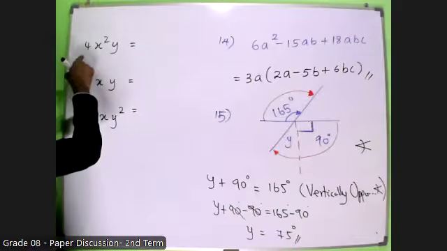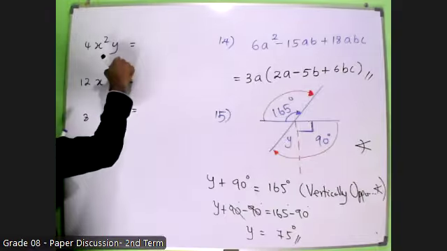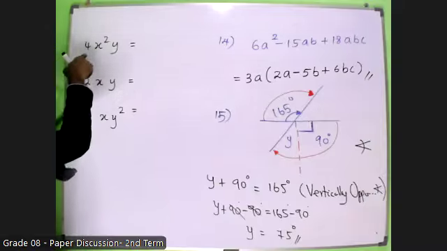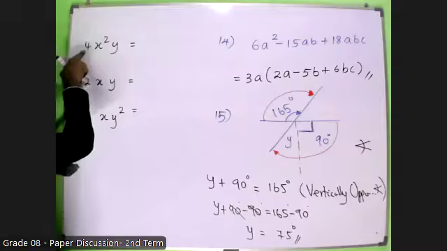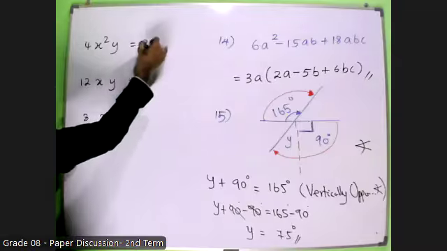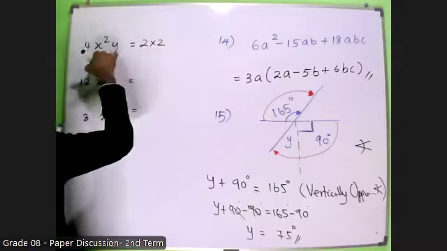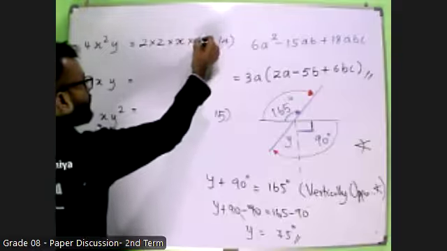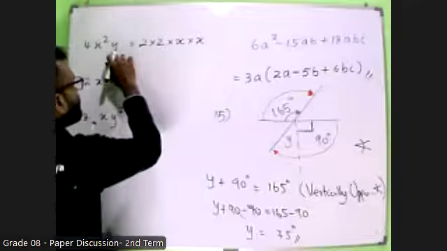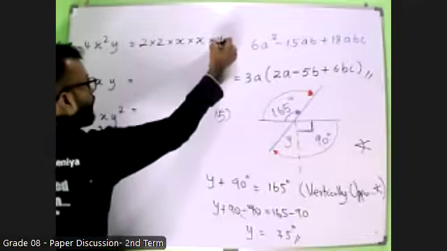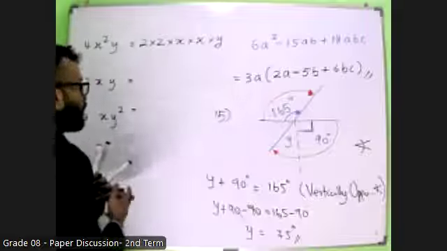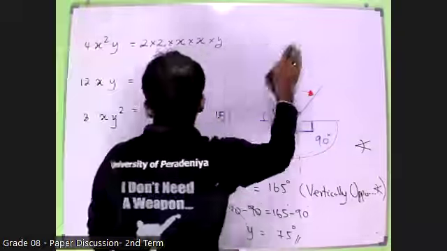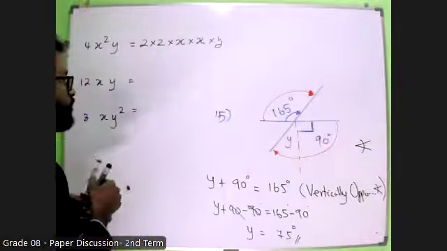So when you are finding the common factor, you need to expand this by using the prime factors. 4 can be written as 2 times 2. x squared can be expanded as x times x. Then here you have y. So here you have 12.